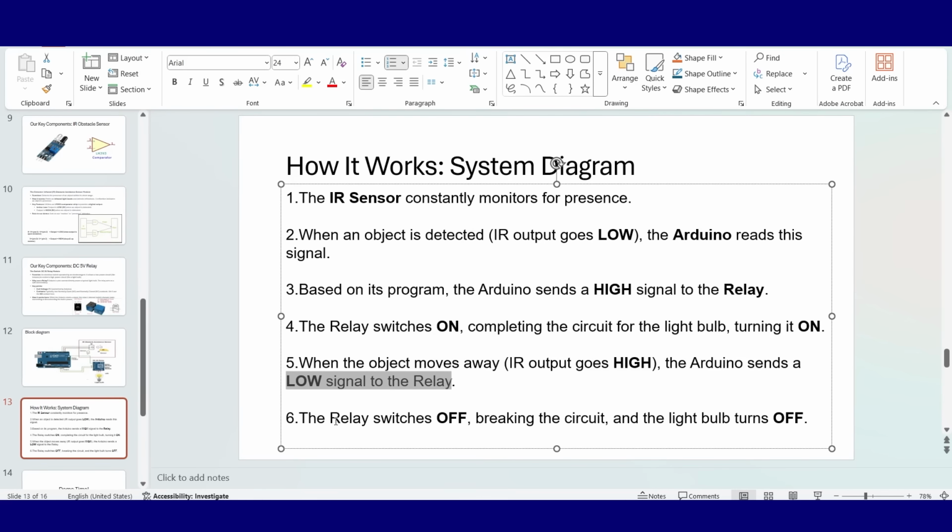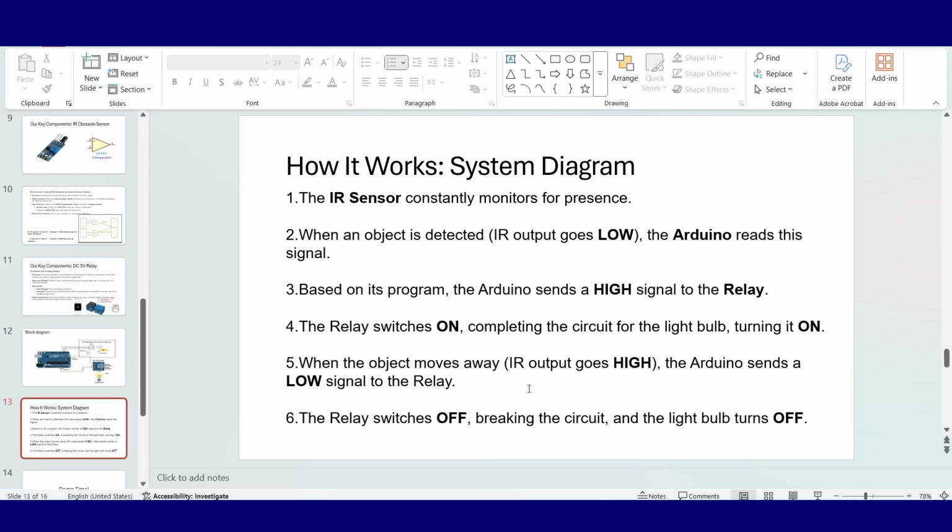That means it removes the contact, it disconnects the light bulb circuit, and hence you see the light bulb turns off immediately. So these are the clear working steps that our automatic smart lighting system follows, depending on whether the sensor detects or not.